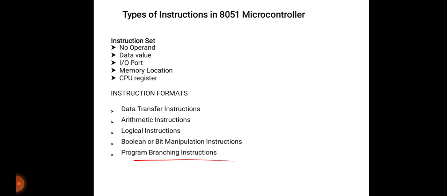The instruction formats are divided into 5 groups: data transfer instructions, arithmetic instructions, logical instructions, boolean or bit manipulation instructions, then program branching instructions. These are the instruction formats. We will see them one by one.